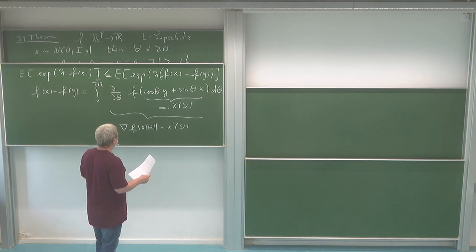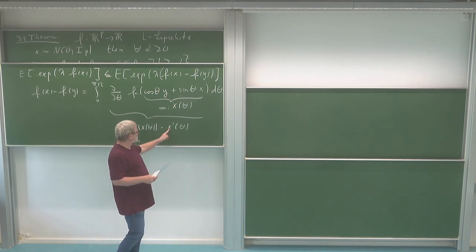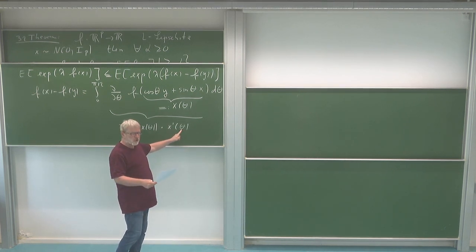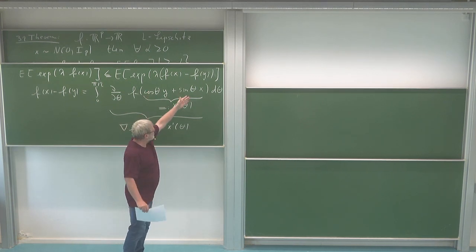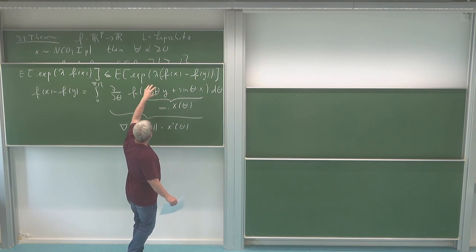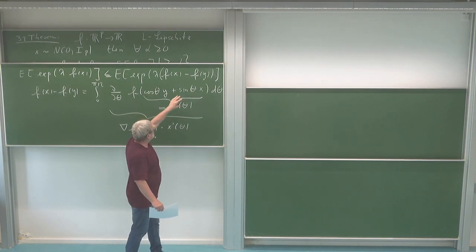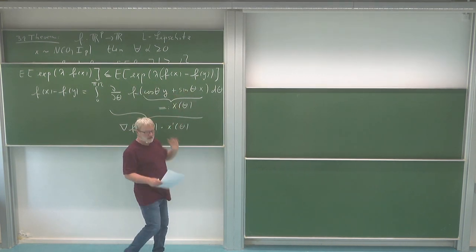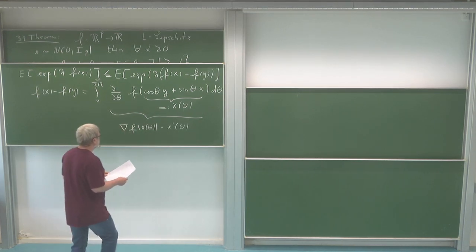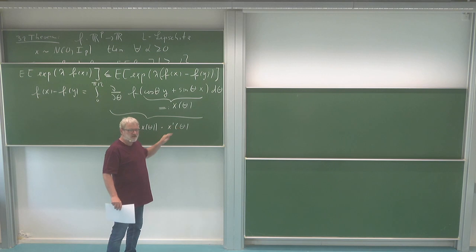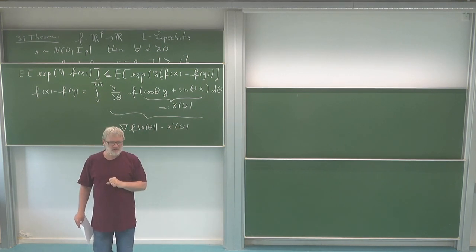And now the point is that this x prime of theta I can also control very easily, because this is of course the same kind of combination, but I get the minus sign and here the cosine. And the point is that this and this are still a pair of independent Gaussians.